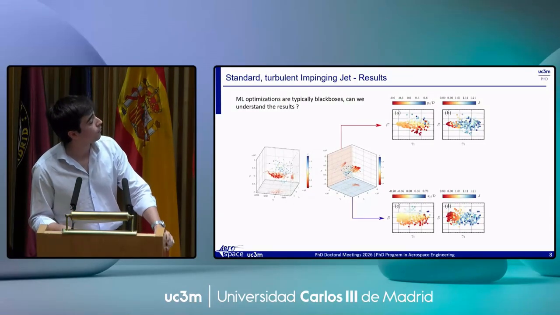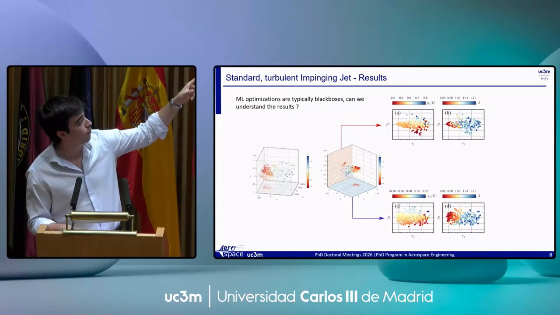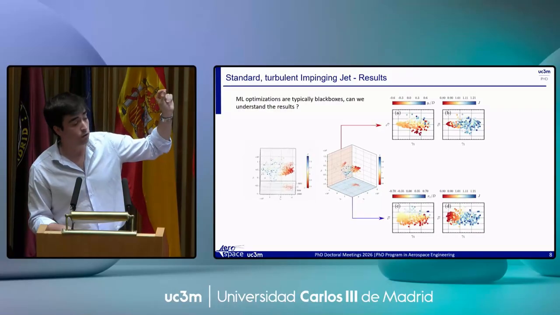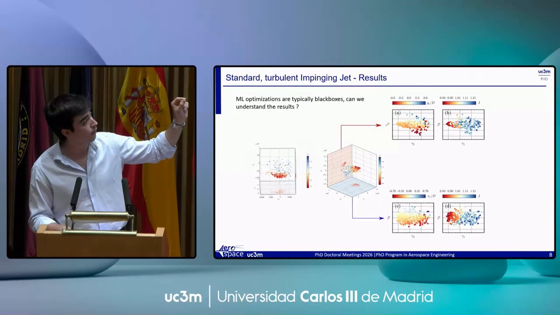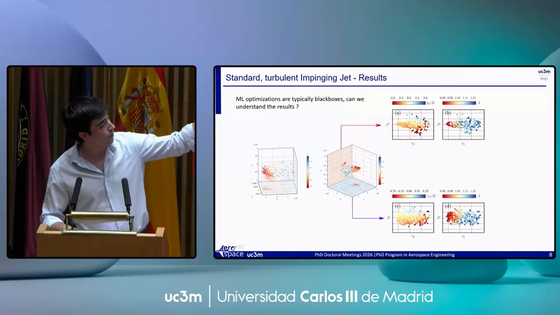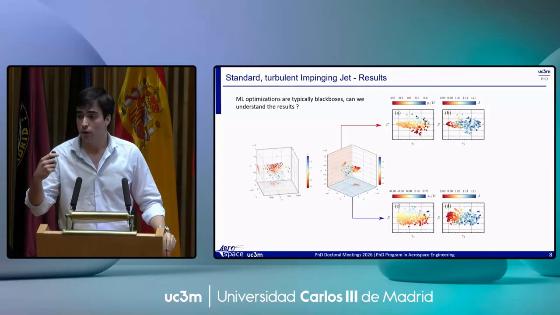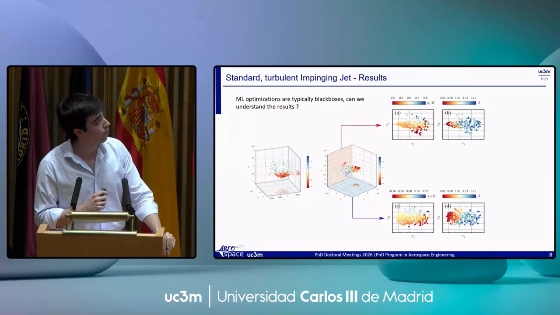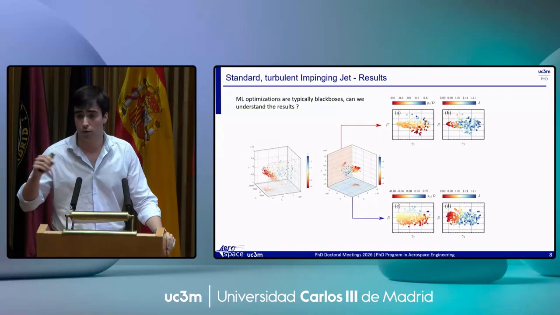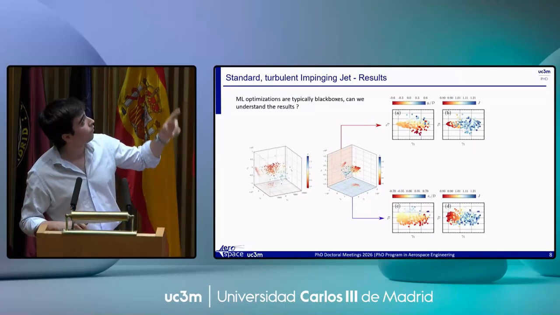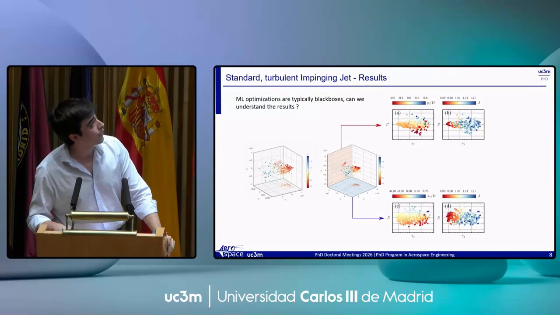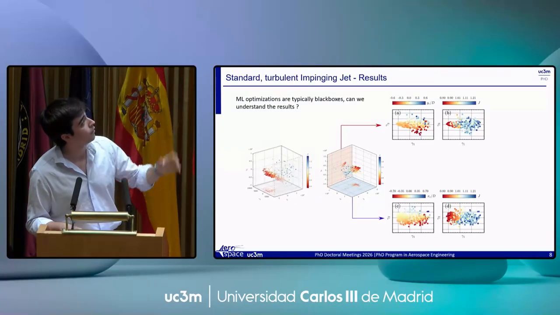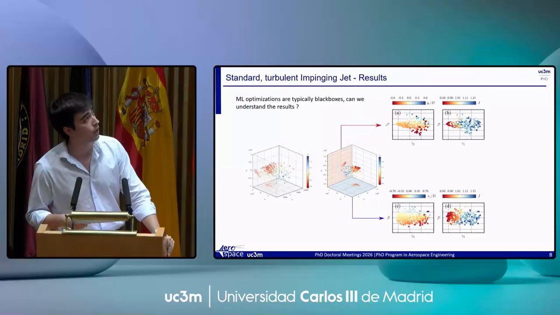For example, if we project on the gamma 1, gamma 2 plane, which is at the bottom, and we color the cases by the horizontal displacement of the footprint and the cost function, we already see that we have certain correlation along the gamma 1 direction for the cost function, and correlation along gamma 2 for the horizontal displacement of the footprint. If we project on the gamma 1, gamma 3 plane, we again have correlation along gamma 1 with the cost function, but on gamma 3, we have correlation with the vertical displacement.